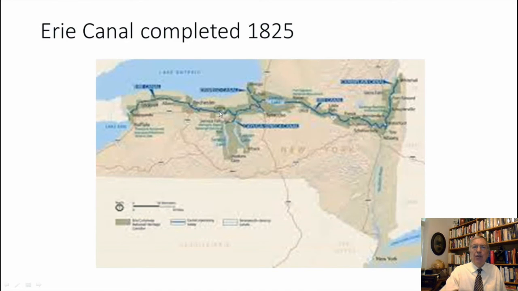There were some naturally occurring rivers here, but the point was to dig them deeper, to build locks around the falls and rapids. And basically, this became the boom town within a day's wagon drive, which I don't know, may have been 50 miles or so.